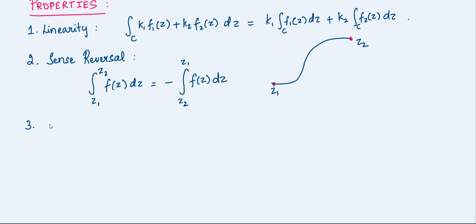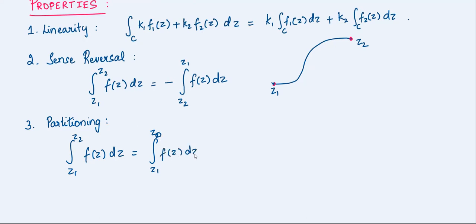Next, partitioning. Integral Z1 to Z2 f of z dz is integral Z1 to Z0 f of z dz plus integral Z0 to Z2 f of z dz. So this we know.